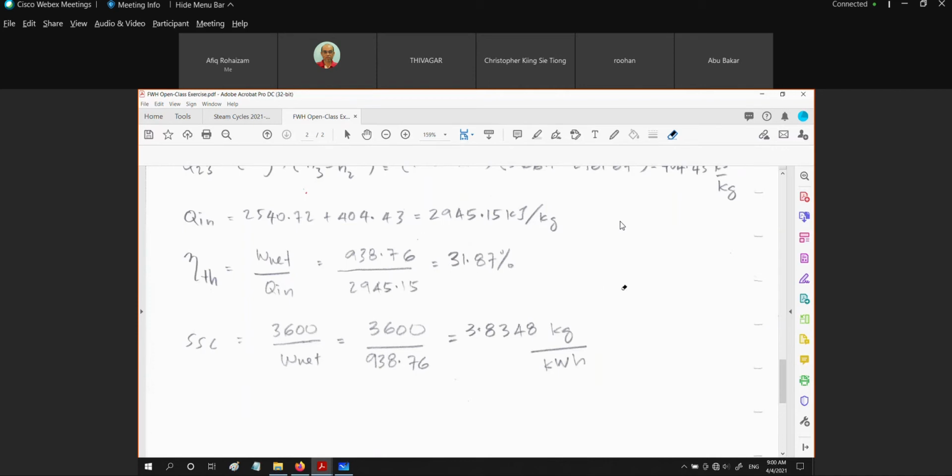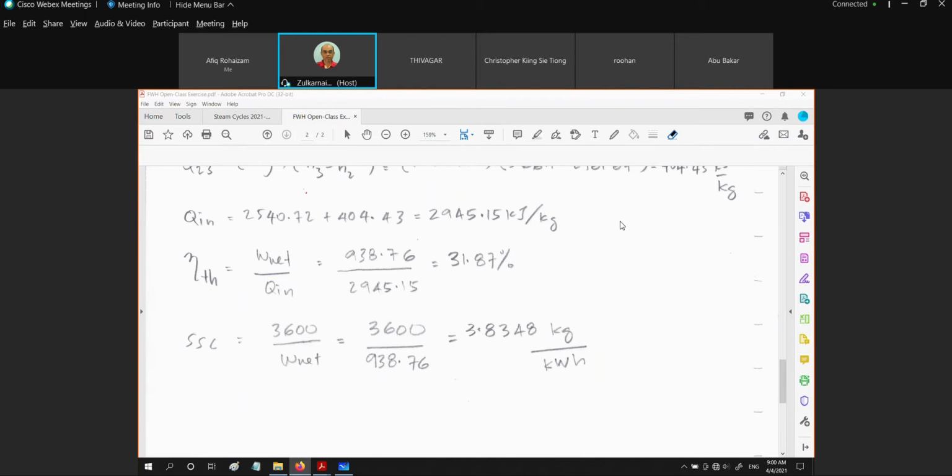Okay. So I'm going to forward this solution to our group. This is the feed water open class exercise. Okay, let me get that first. Where is our group? 2423.